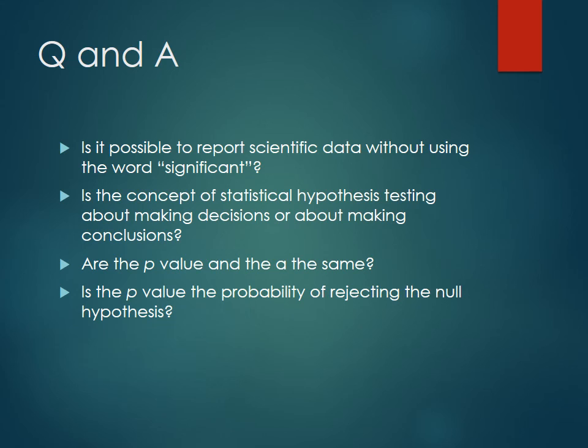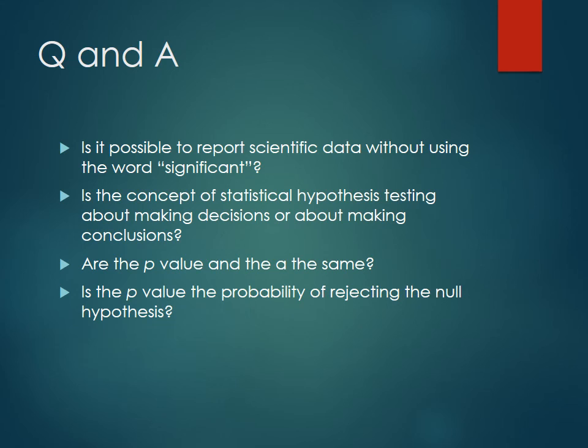So is the concept of statistical hypothesis testing about making decisions or about making conclusions? If you go back on the slide, you'll see it's more related to making clinical decisions. So based on the data you see, you decide whether or not you can reject the null hypothesis. Can you make decisions about your patients, so whether or not you should start this therapy or not, whatever it happens to be. Are p-value and alpha the same?